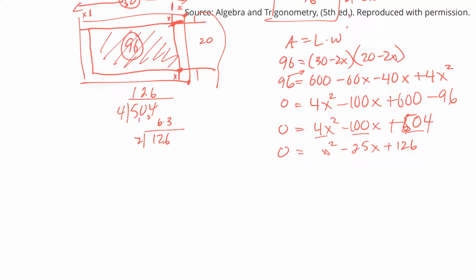How about 9? Will 9 go? 9 goes once. 9 into 36 goes 4. The 9 plus 14 is 23. That's close though.